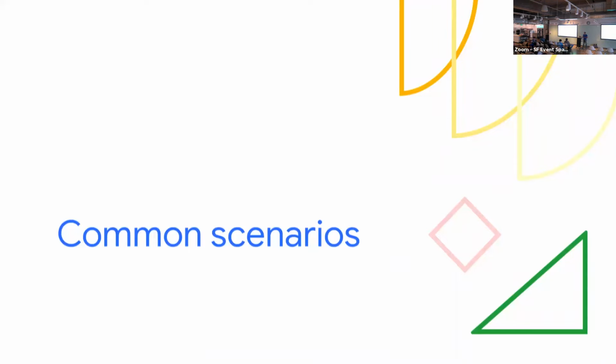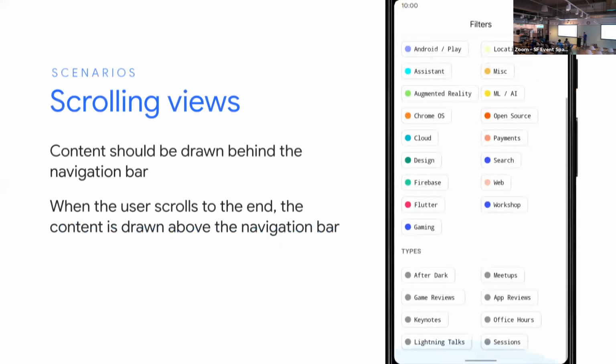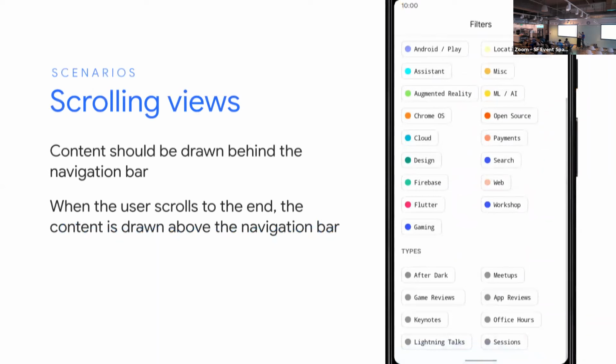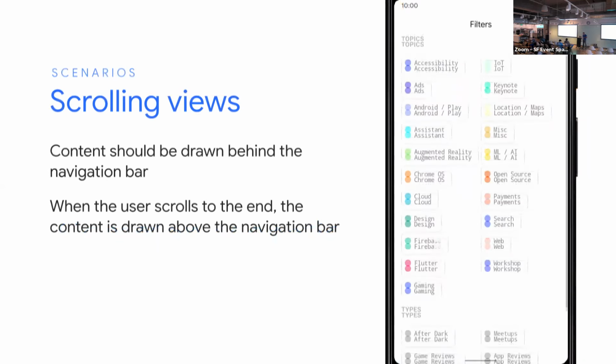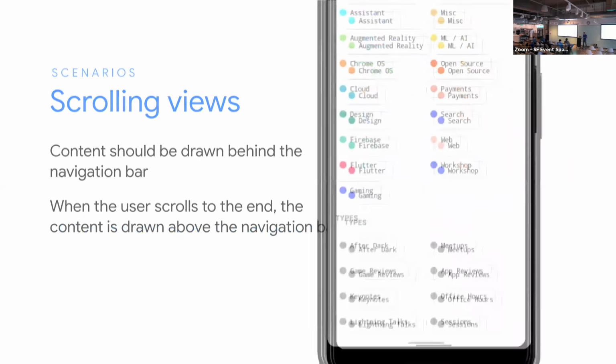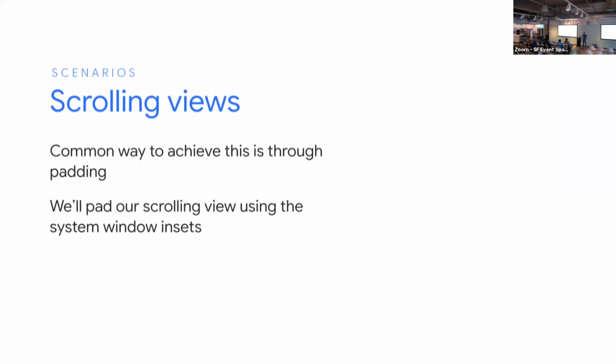Some common scenarios. So if you have a scrolling view, the content will be drawn behind the system and navigation bars. So what you want to do is basically make sure when the user reaches the end of the list, you still show everything on top of the navigation bar so that the user can still interact with the items.